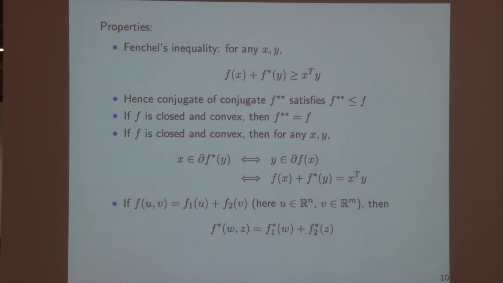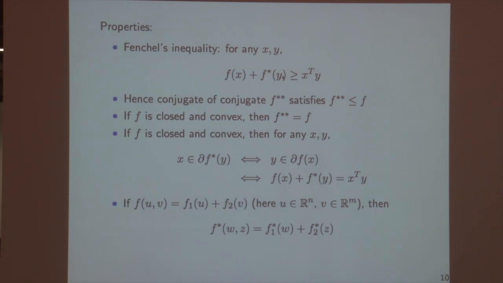The first is called Fenchel's inequality, and it tells us that for any x and y, f of x plus f star of y is always bigger than or equal to x transpose y. I think, if I'm not mistaken, you're proving every one of these things on homework 3, except for maybe the last one, but it's very straightforward. So that's where the proof comes from. It comes from your homework 3.